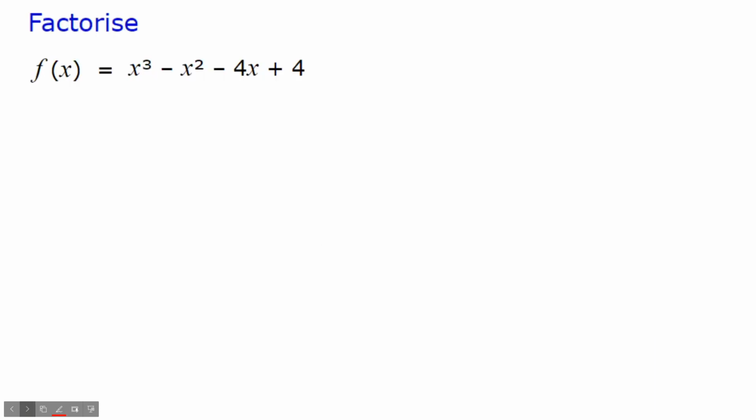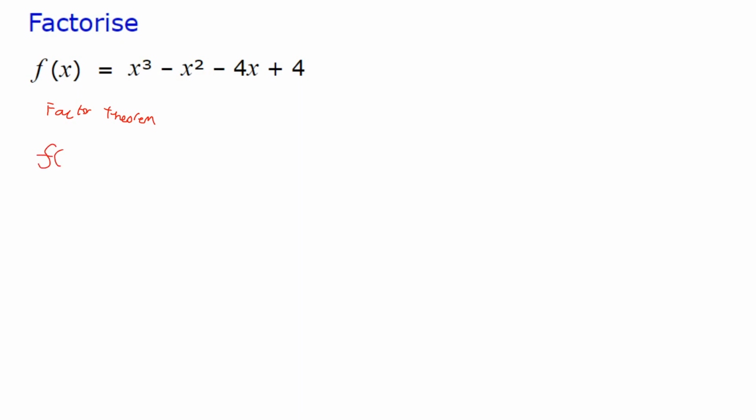What about something like this, where we're told to factorize x cubed minus x squared minus 4x plus 4? Well, the first thing we need to do is use the factor theorem, so that we can get an actual factor bracket that we can divide by. So let's try 1, okay?